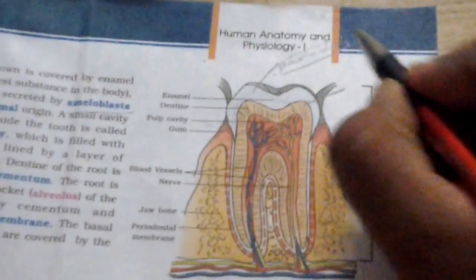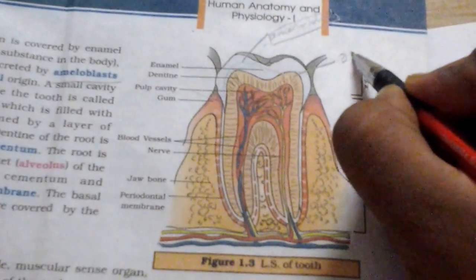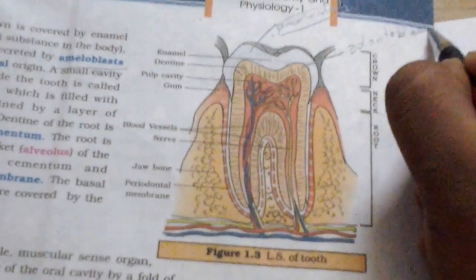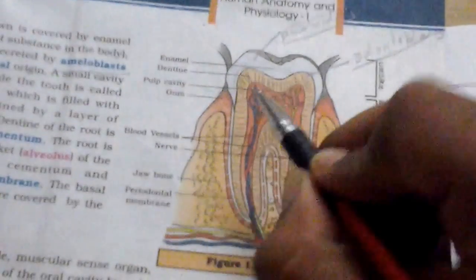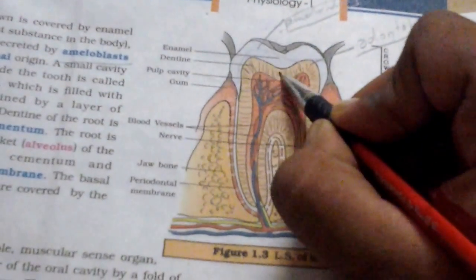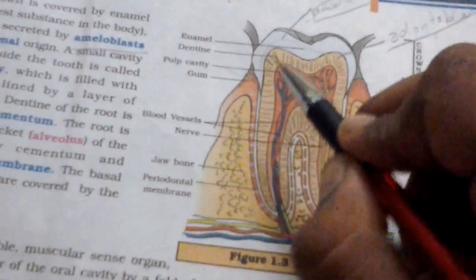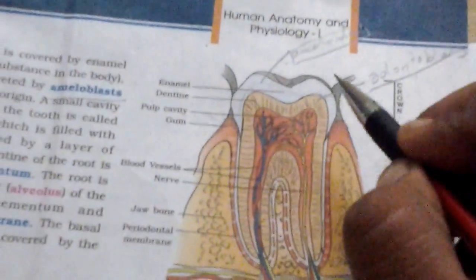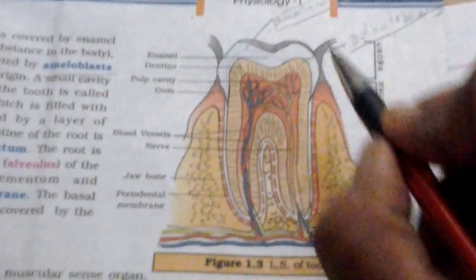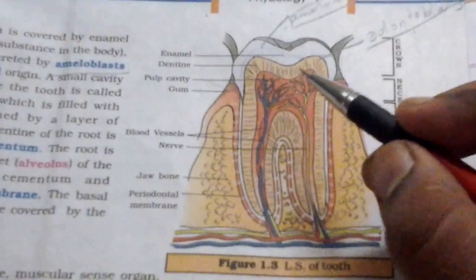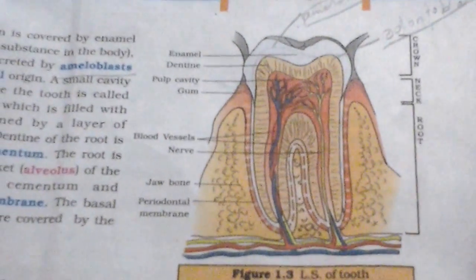It's odontoblasts. So this region is called dentine, and it's made up of odontoblasts, and this region is called the crown. It actually looks like a crown of the teeth, so it's called the crown. It's made up of enamel, which is made up of ameloblasts, and the bulk of the teeth constitutes the dentine, which is made up of odontoblasts.